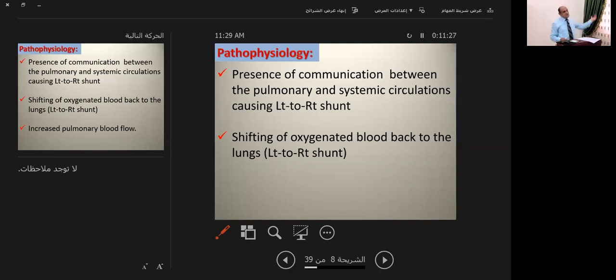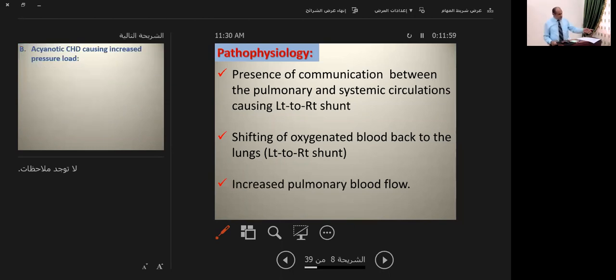What will happen? The blood returns through the pulmonary circulation, through the pulmonary arteries, to the right atrium. There will be more volume load on the heart, because the return of blood through the pulmonary circulation will be doubled or more due to the shifting of blood through the communication between the left and right circulations. That is why we have volume overload on the heart.